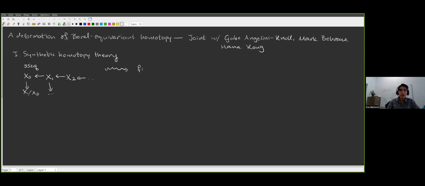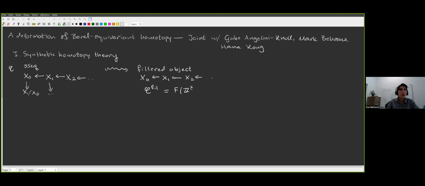So I'm going to think of this as a filtered object. X1, X2. And if we're working in some category C, which we'll probably have some kind of conditions on later, then this filtered object is going to live in the category of functors from some kind of poset category.